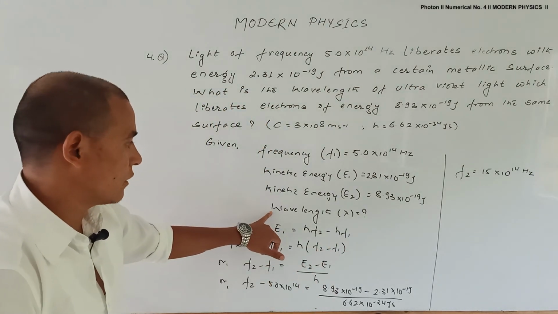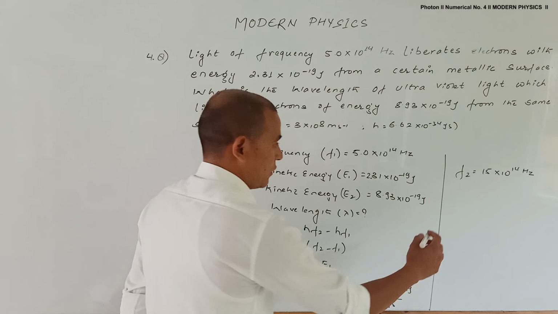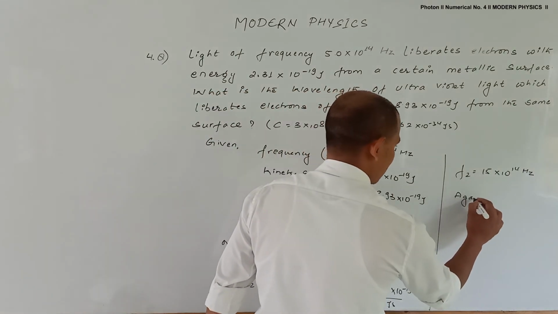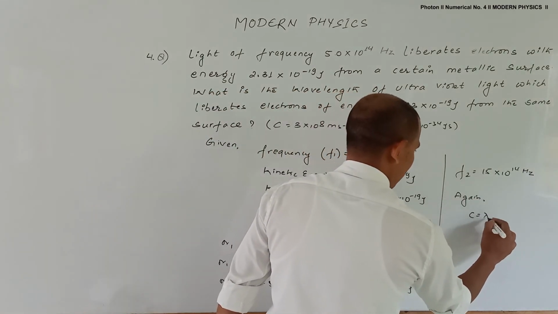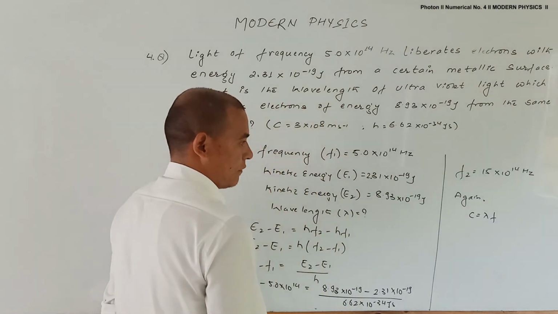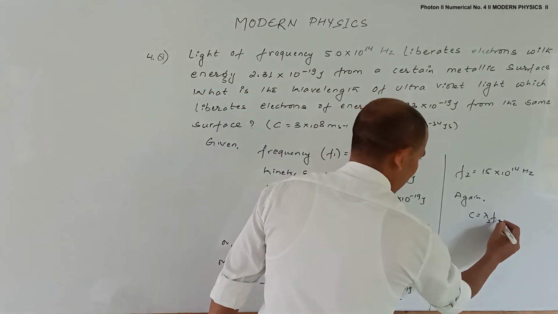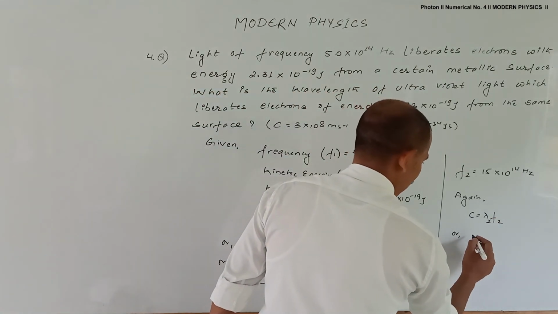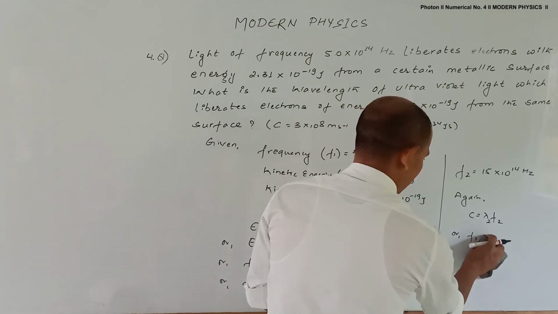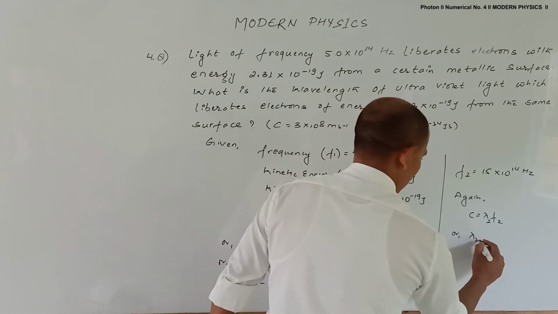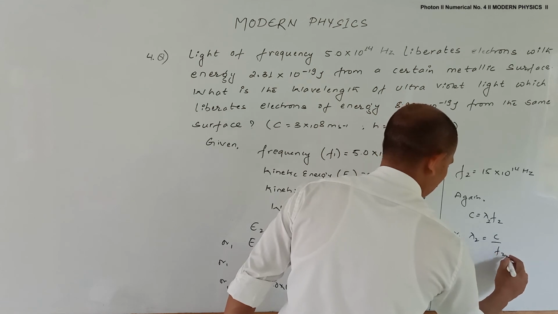So we have to calculate the wavelength. As we know, c will be equal to lambda f. So for f2, lambda 2 will be equal to c by f2.